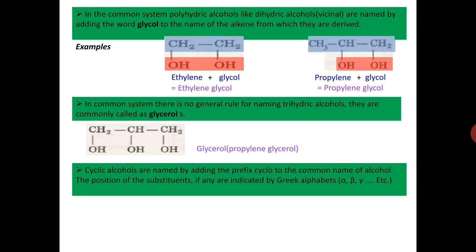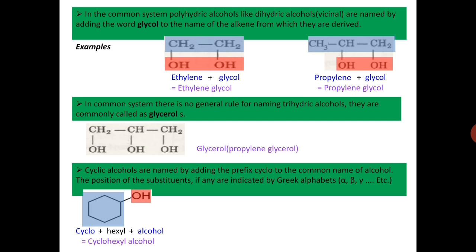For example, here we see 6 cyclic carbons, therefore hexyl, the OH group we call alcohol, and for the cyclic compound we write cyclo, therefore the name is cyclohexyl alcohol.